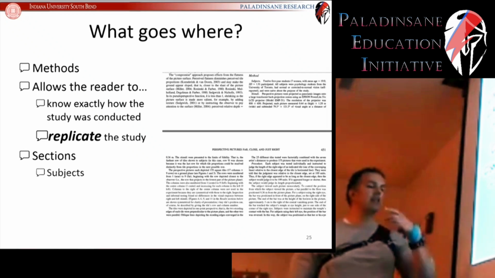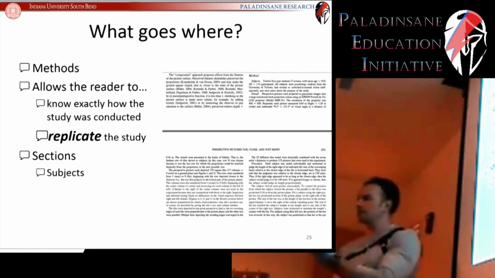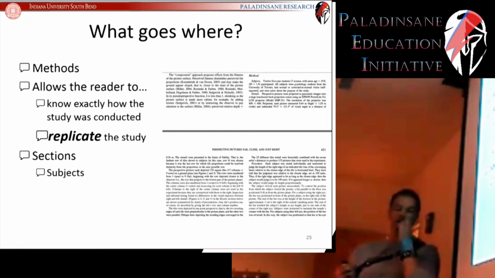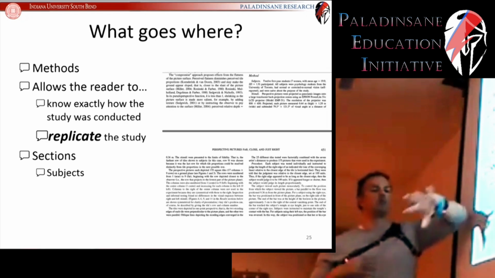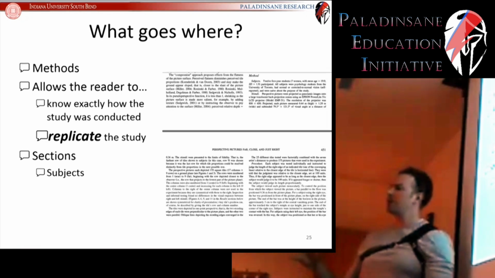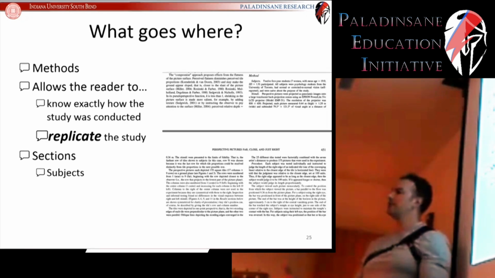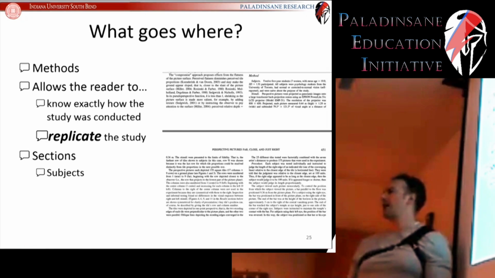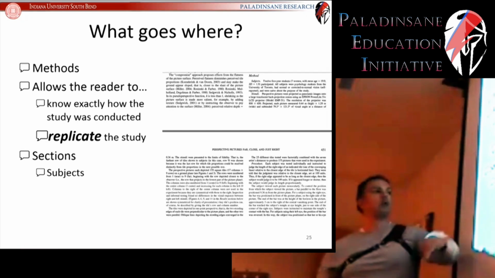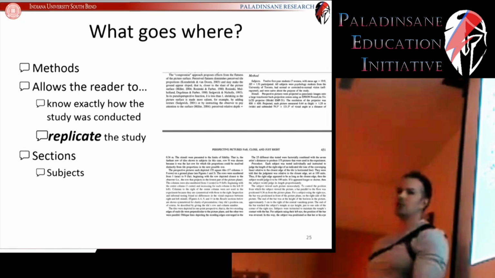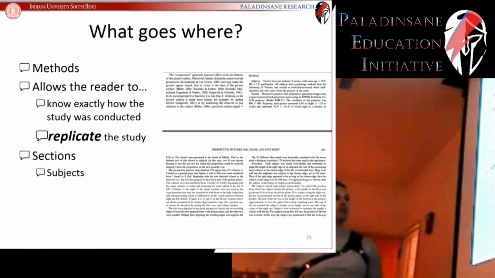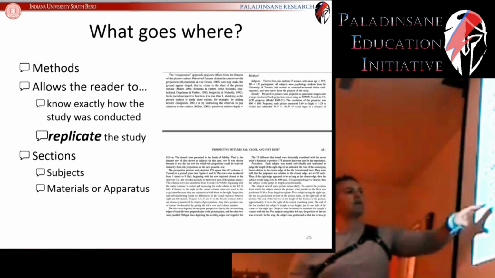So the sections in this are going to be a section on subjects. As we go through this, writing this, any information that you are not aware of or could not be aware of, I will provide to you. So for example, the number of subjects, the characteristics of those subjects, I will give you that information.